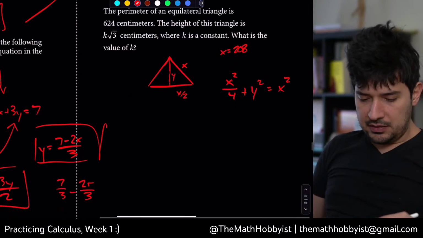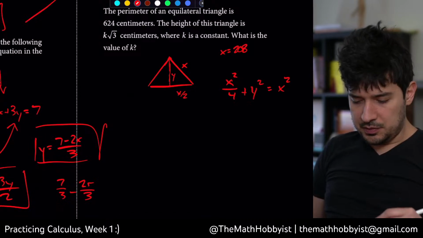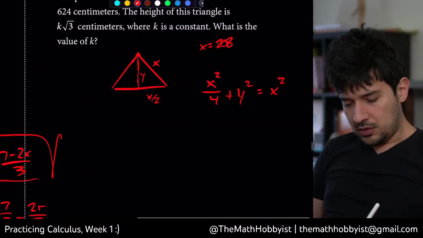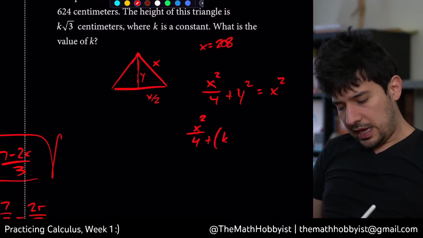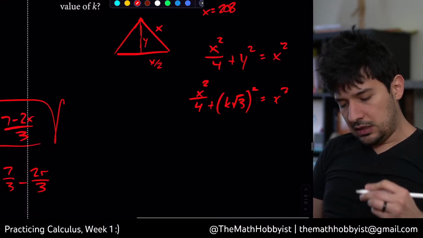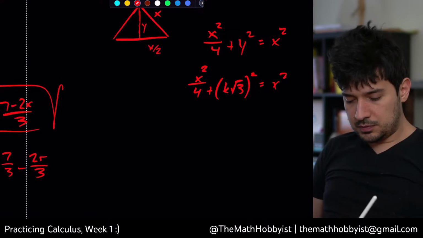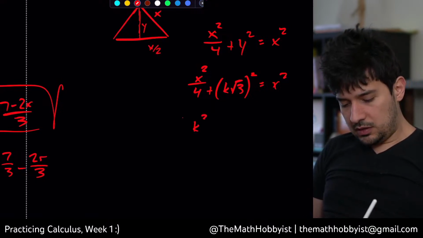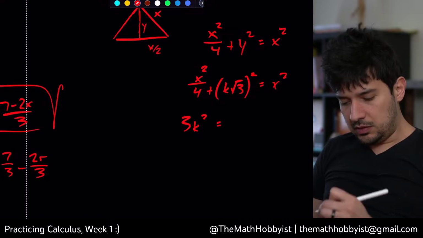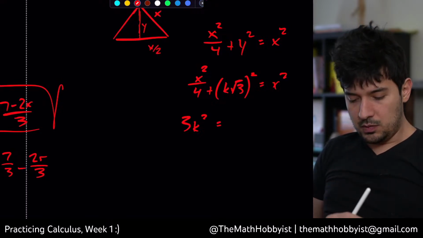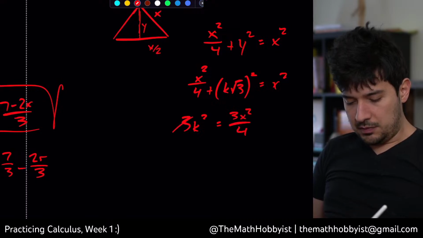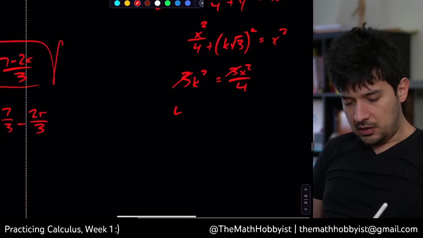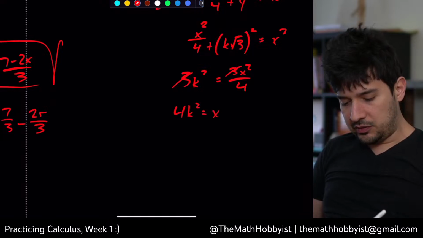And it said the height of the triangle is k root 3 centimeters. So now we have x squared over 4 plus k root 3 squared equals x squared. Then 3k squared equals, subtracting 1/4 from both sides, 3x squared over 4. The 3's cancel. 4k squared equals x squared.